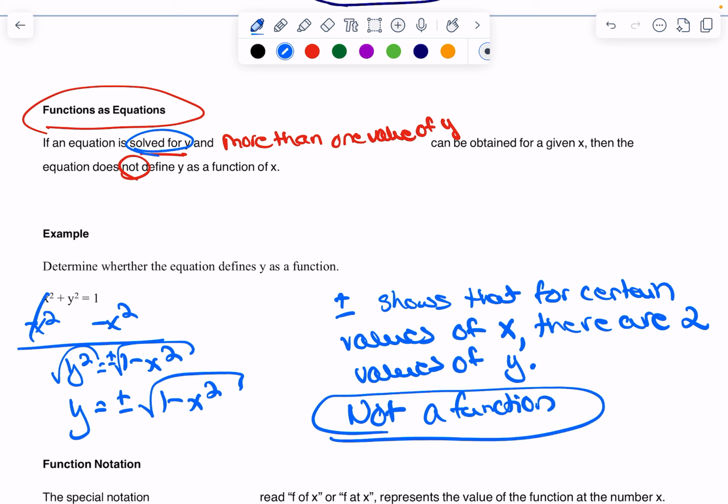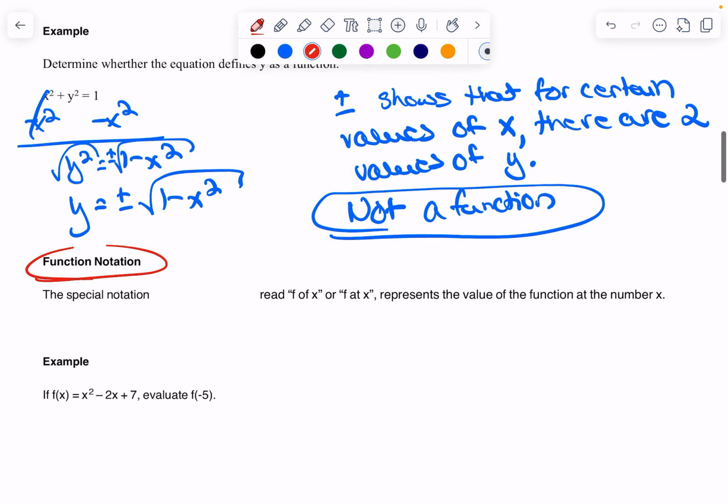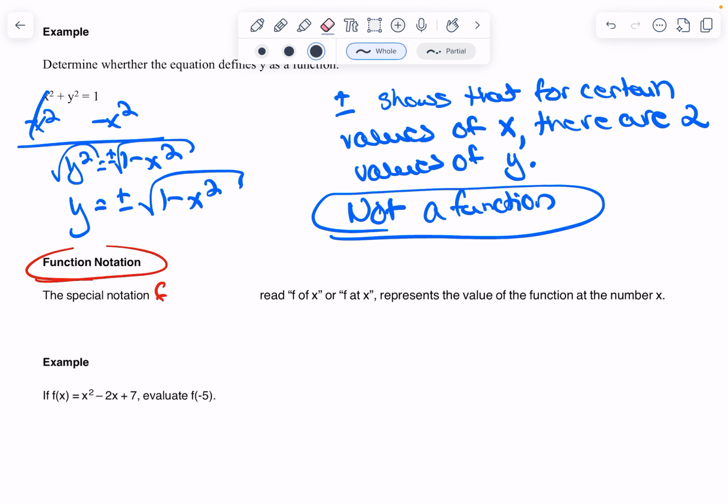Okay, next thing we're going to look at is function notation. The special notation like this is read f of x or f at x. It represents the value of the function at the number x.